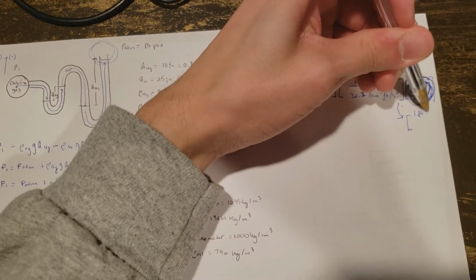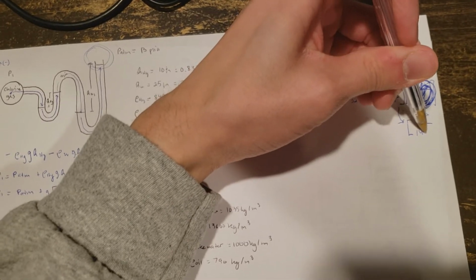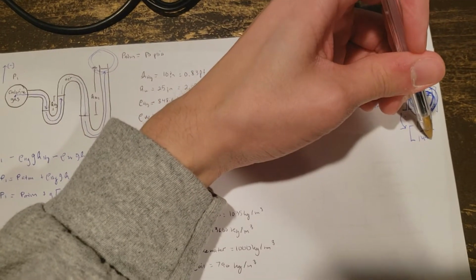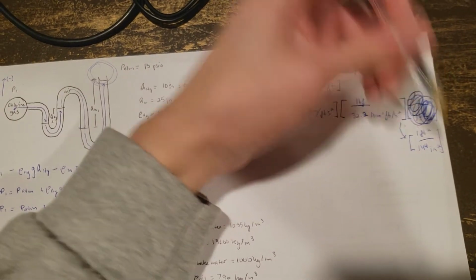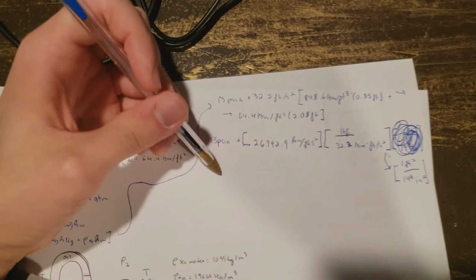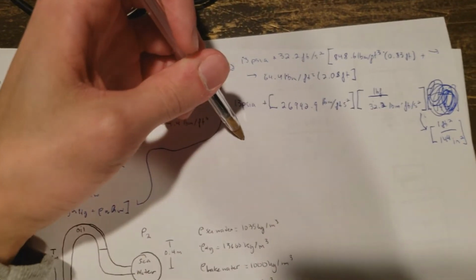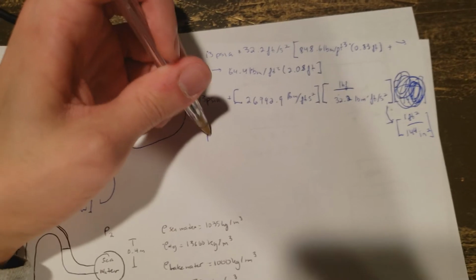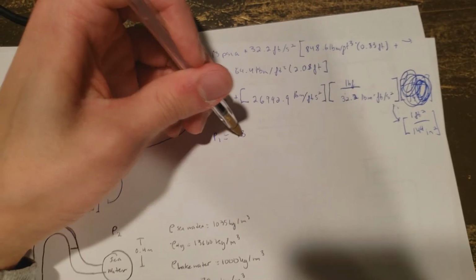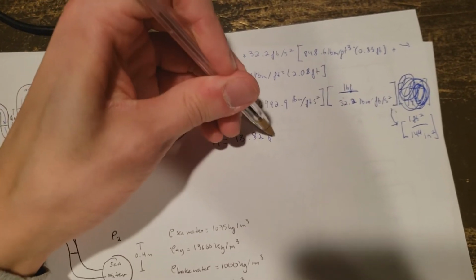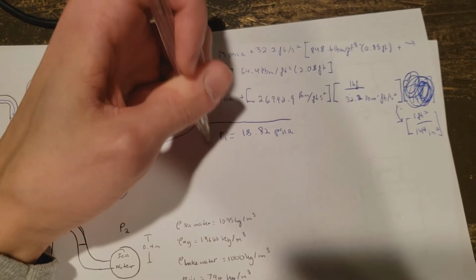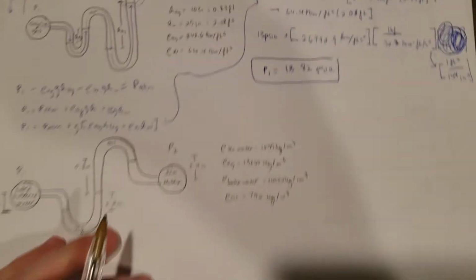We want feet squared over 1 foot squared. There's 144 inches squared. Because remember, our goal is to get it in pounds per square inch. So our pressure 1 is going to approximately equal 18.82 psi. That's how you get it.